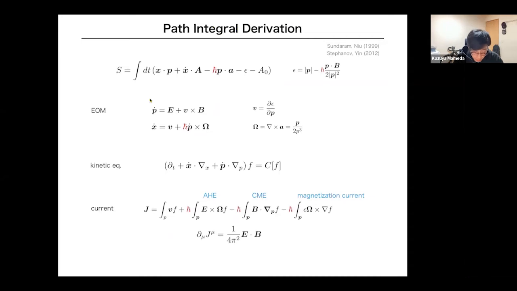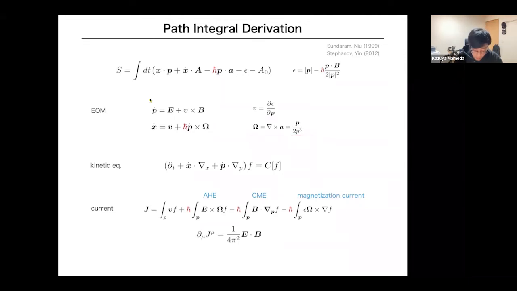In a similar manner, from this effective action, we can derive the equation of motion, and we get a new part like this, p dot cross omega. Omega is defined by this one, and this omega corresponds to the Berry curvature.